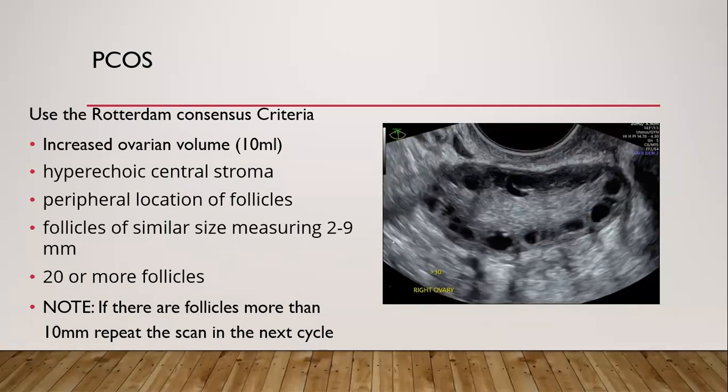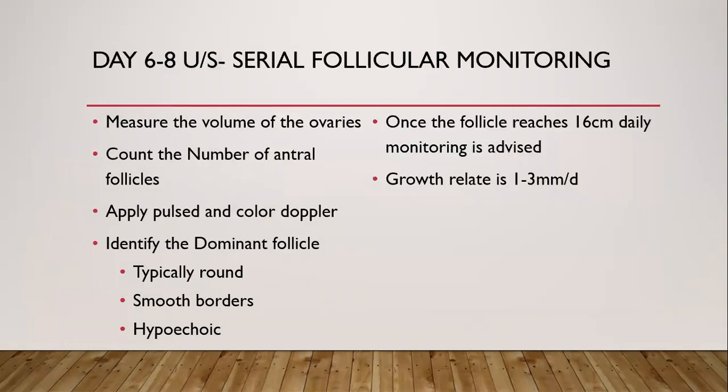When you stimulate it further, you may have overstimulation leading to OHSS. So when we measure and find a follicle greater than this, the best we can do is advise that we repeat the scan and the procedure after a month or in the next cycle.